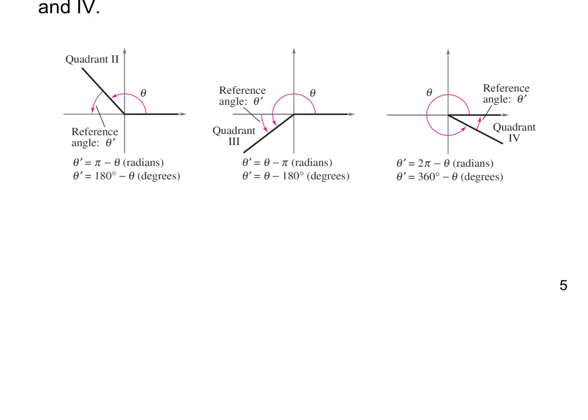So to put all three of these together in one picture, if my theta is in the first quadrant, my reference angle is going to be the same thing, because everything in the first quadrant is going to be acute and positive already. If we are in the second quadrant, our reference angle is going to be 180 minus theta.